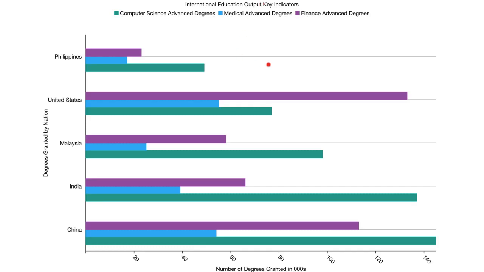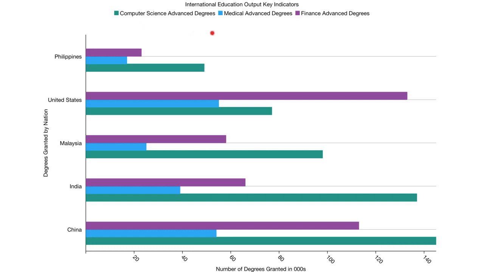And this is what I recommend you do when you're actually on the GED test, looking at the questions, looking at the chart, looking at the written word. So the first thing you want to do is look at the title of the chart. So International Education Output Key Indicators. So we know right away that this is international. It's comparing nations. It's about education. It's about education output, and then it's indicating something.